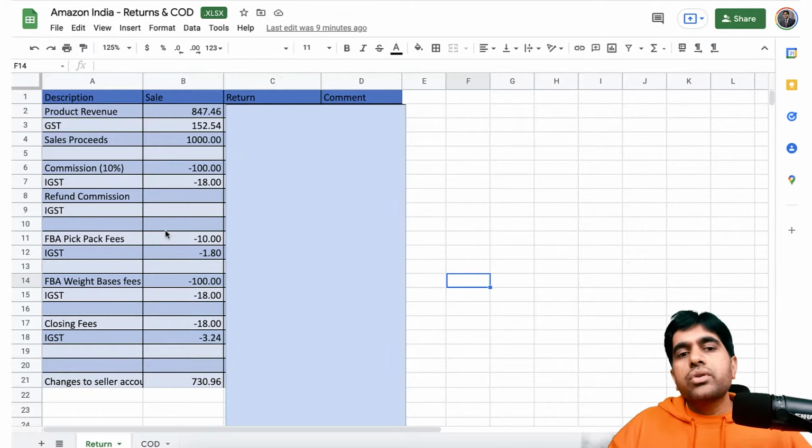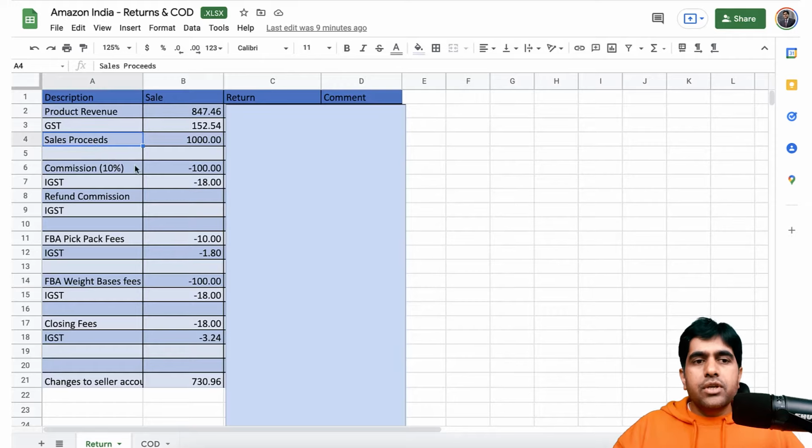Before we go into the return accounting, let's start with the sale. I'm assuming that I am making a sale for a product which is 1,000 rupees. In that you have a GST component of 152 and product revenue of 847.